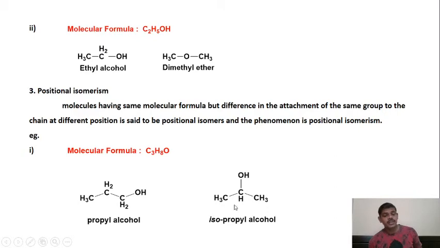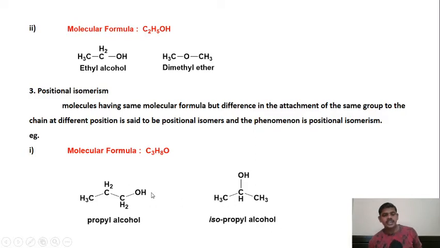Now isopropyl alcohol. Count the carbons: 1, 2, 3 carbons. Now count the hydrogens: 3 plus 3 is 6, plus 1 is 7, plus 1 is 8, so 8 hydrogens are there and 1 oxygen is also there, so it also obeys the formula C3H8O, but the name is isopropyl alcohol.